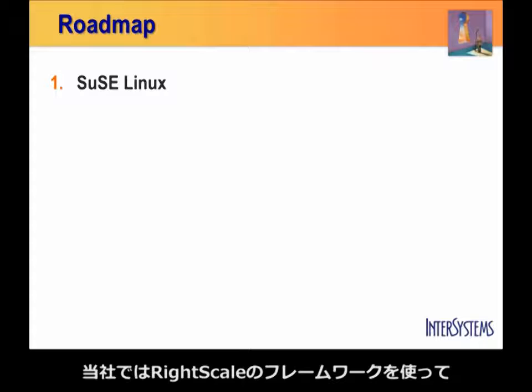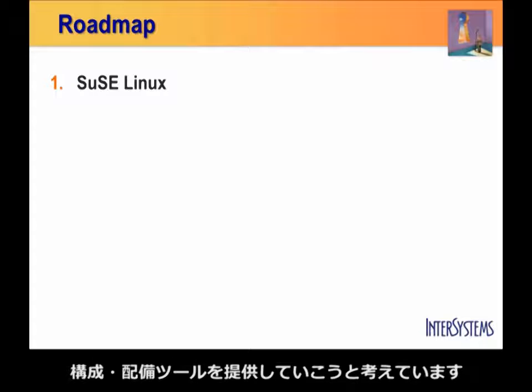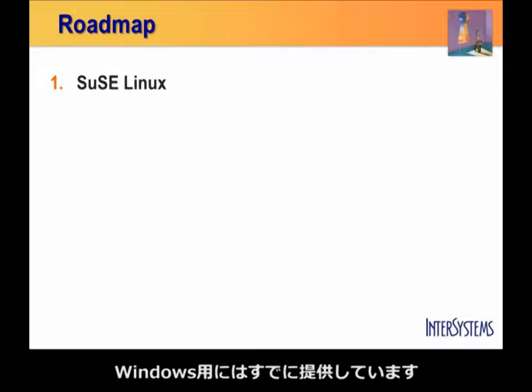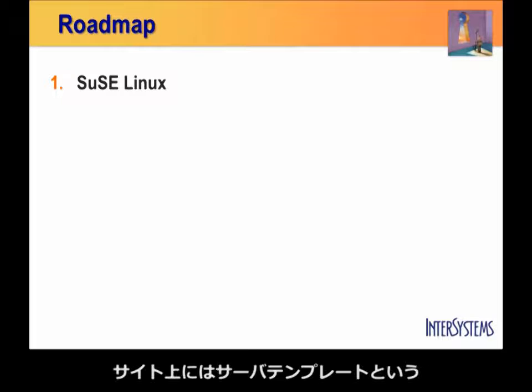We're going to be looking into providing those configuration and deployment tools that I mentioned using the RightScale framework. We already have those for Windows, okay? So when you go to that website, you will see what they call server templates, which are basically like recipes.